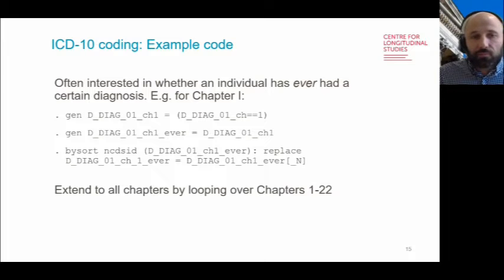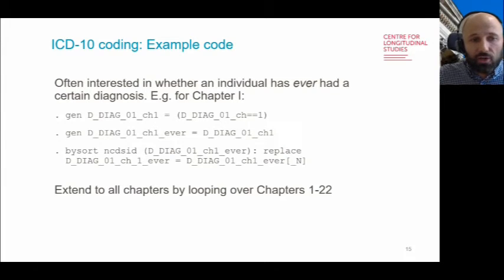So we could do something fairly straightforward here, just deriving a new variable for chapter 1 diagnoses. First of all, derive an indicator, so just a variable taking value 1 if the chapter for that diagnostic code is 1 and 0 otherwise.